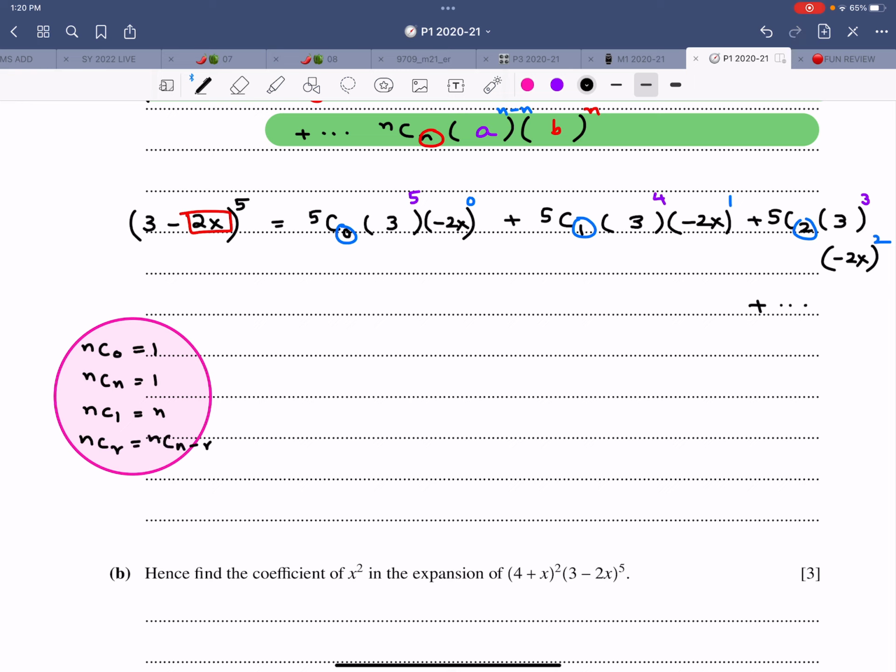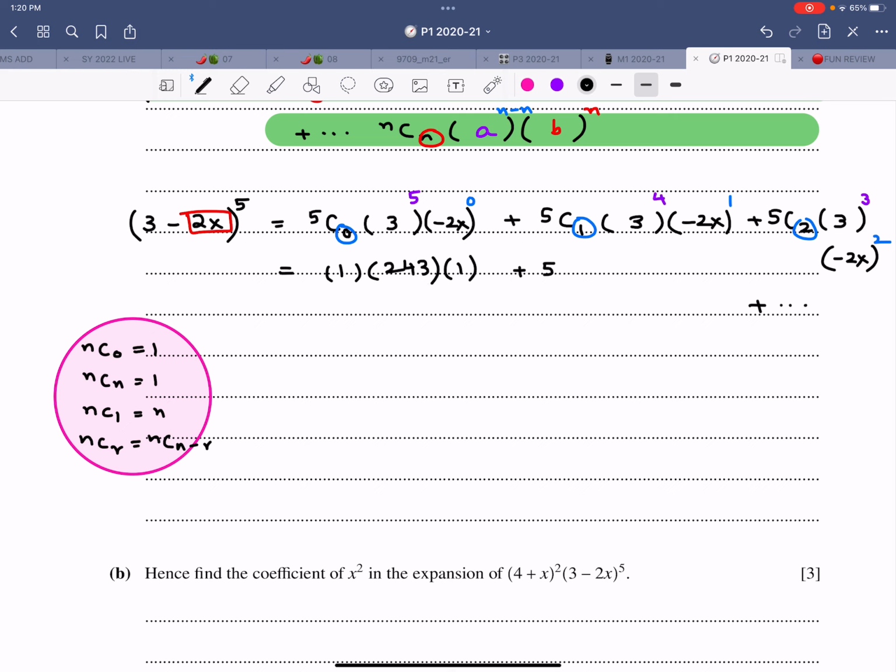So 5c0 is 1. 3 raised to the power of 5 is 243. That was my mistake earlier. And this is still 1.